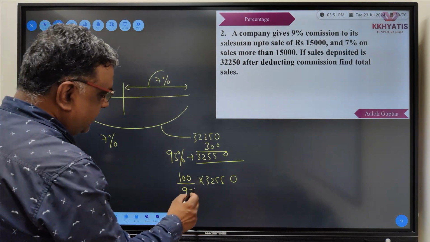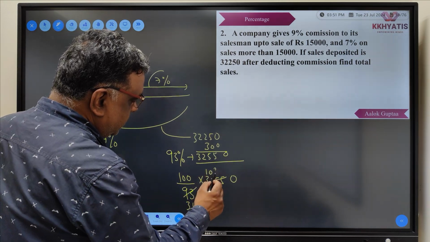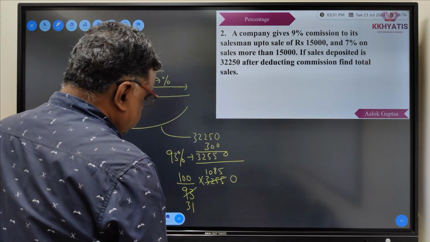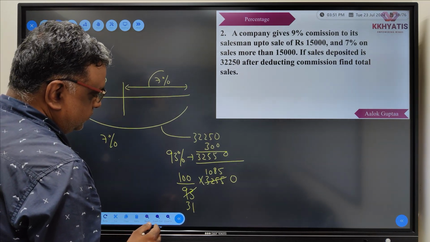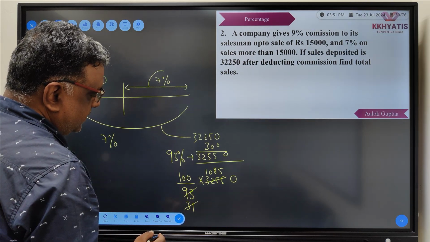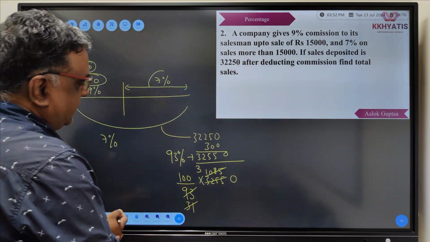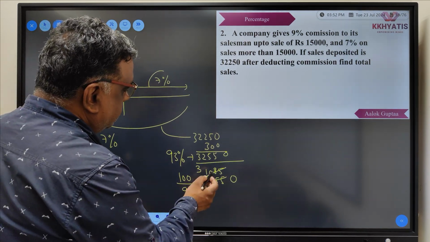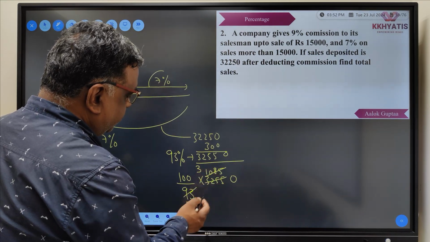Okay, so 3 से कटेगा ये, 1085. Thirty-one threes are 93, and 103, 15, 155.